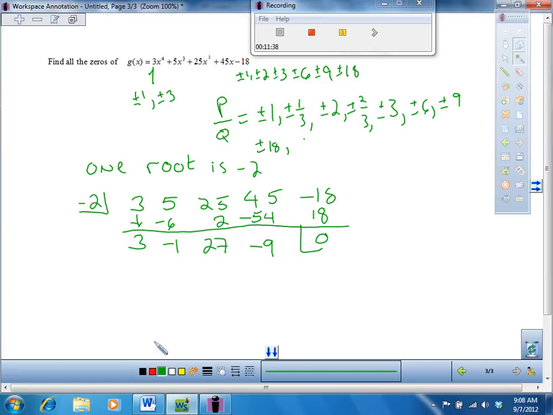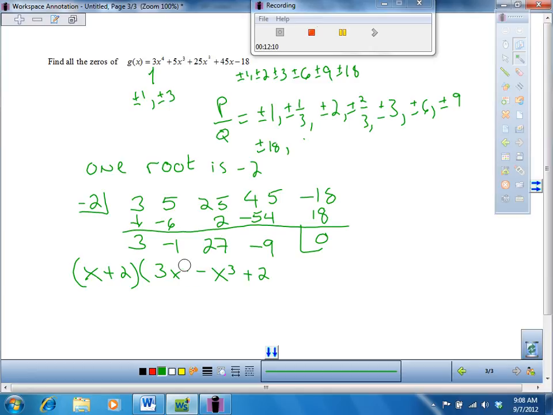Okay, so then this thing so far factors to x plus 2 times 3x to the 4th minus x to the 3rd plus 20. Oh, we started with 4th degree.